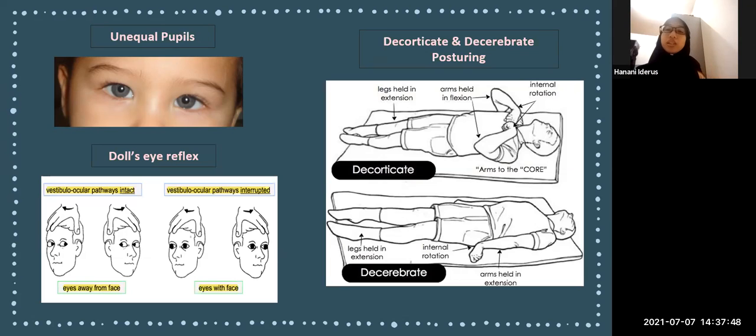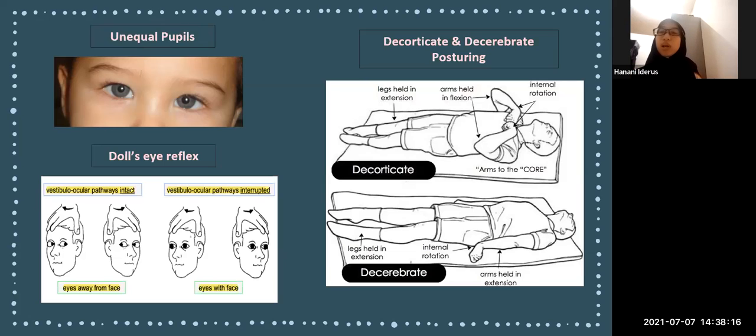Like you can see in the picture, if we move it to the right, we expect the eye to move to the left. If the patient shows this, it means that the vestibulo-ocular pathway is intact. However, if the eye moves in the same direction as the head, it means there is interruption. So this also indicates there is raised intracranial pressure.